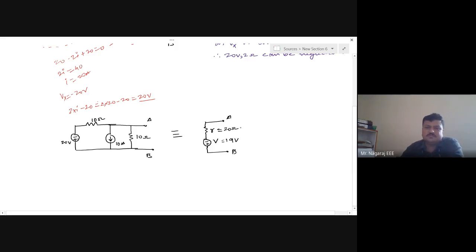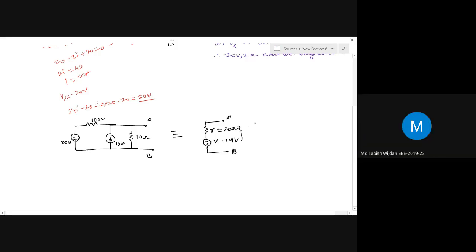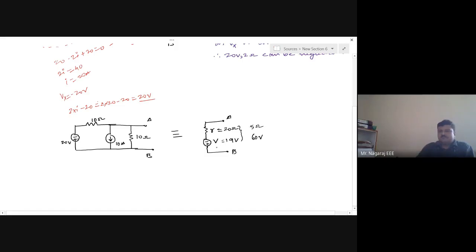These answers are wrong. So the answer we got, Spurti, is R equals 5 ohm and voltage is 60 volts. Okay, these are the correct answers: 5 ohm and 60 volts. Spurti, please check your calculations.